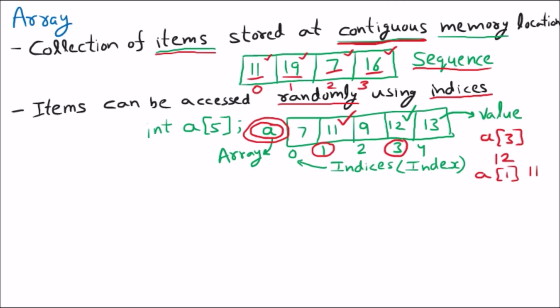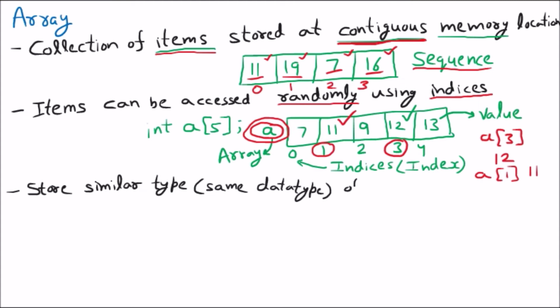The next thing about the array is it stores similar type. Similar type means there should be the same data type of elements. Now that step is very much important.